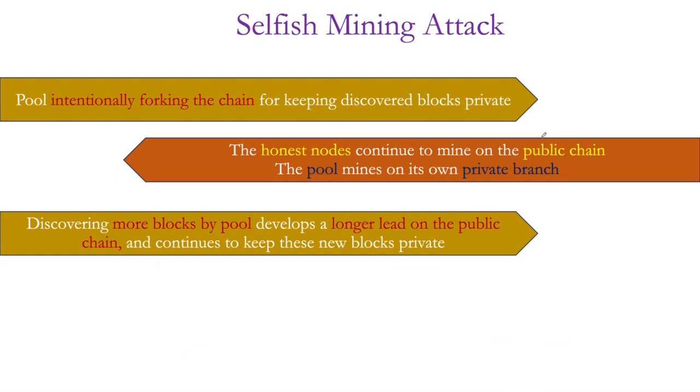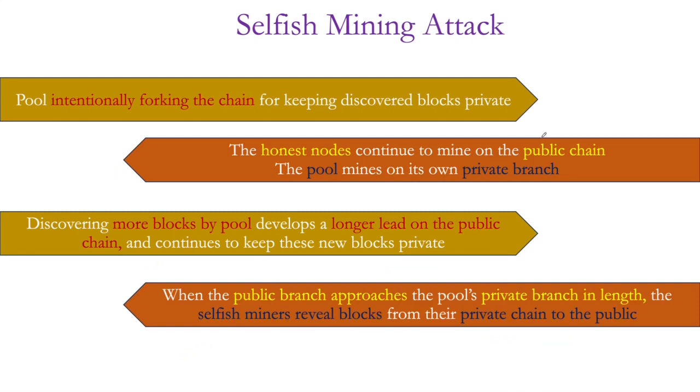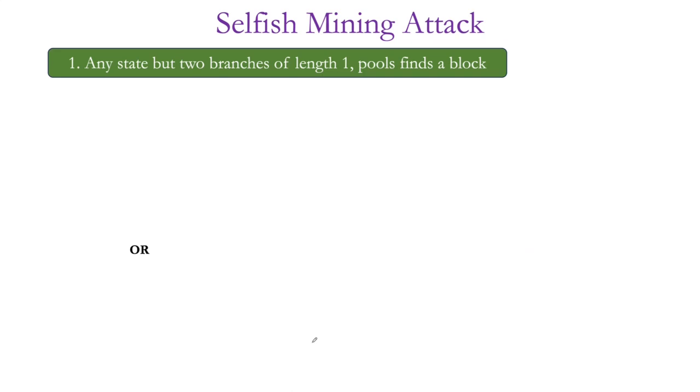Then, to get the rewards, when the public branch approaches the pool's private branch in length, the selfish miner reveals these blocks from their private chain to the public to get the reward. So let us see at any stage how the selfish nodes try to work. We'll try to analyze the revenue for these miners.